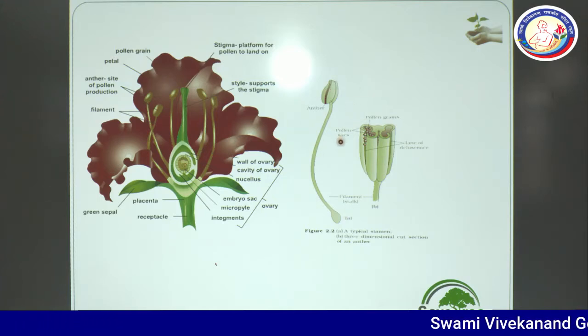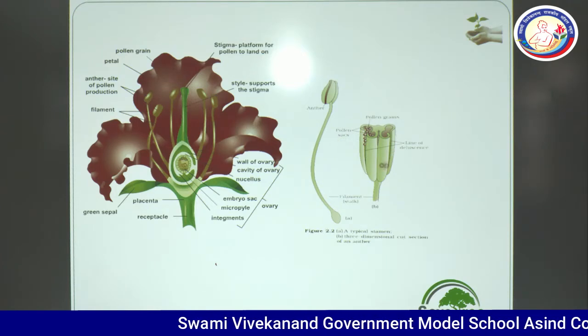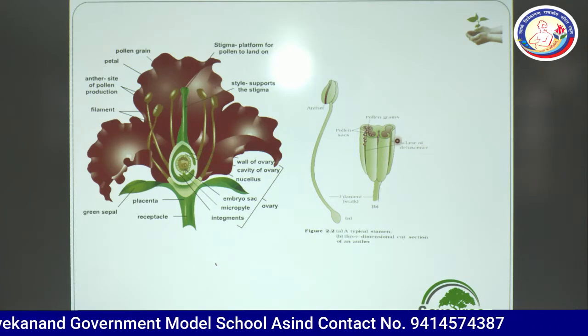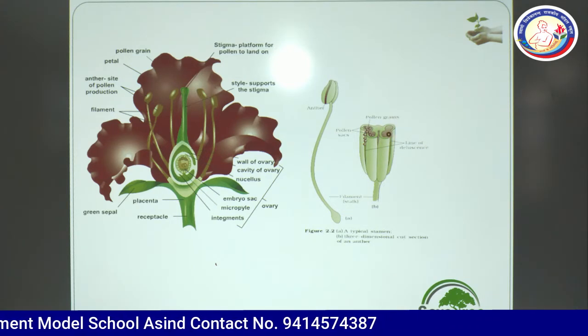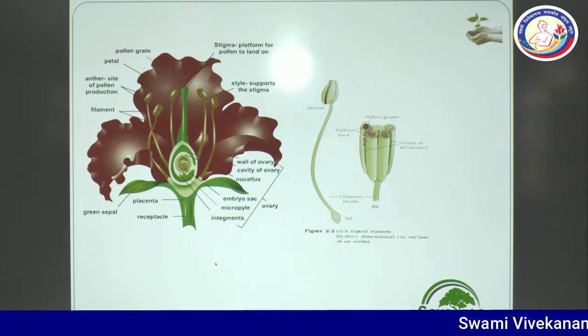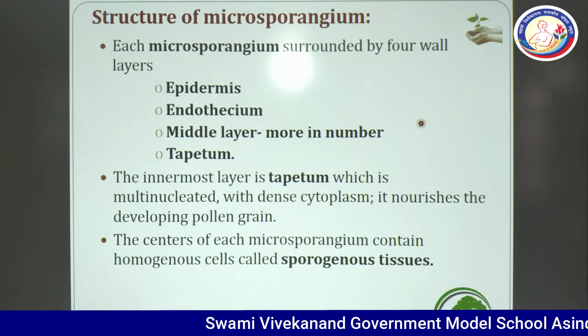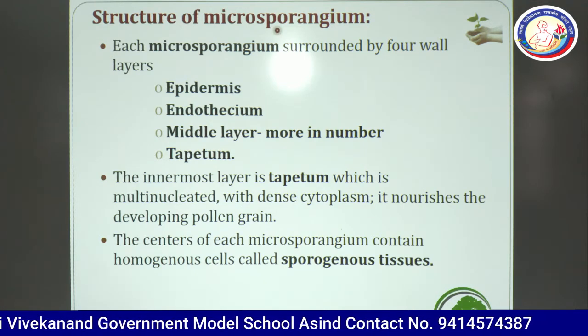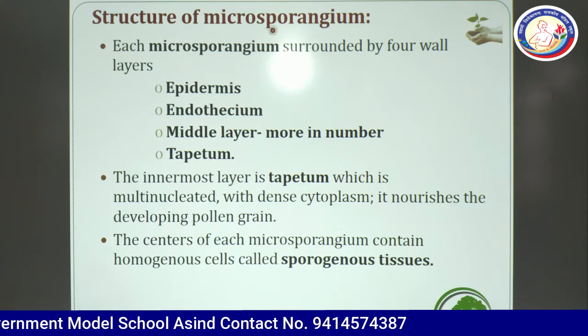If we cut a transverse section of the stamen, then you can see the structure. These two are the pollen sacs, and these are another two pollen sacs. So overall, 2 plus 2, 4 pollen sacs are found in the stamen, and they are filled with pollen grains. Now we will discuss the structure of the microsporangium.